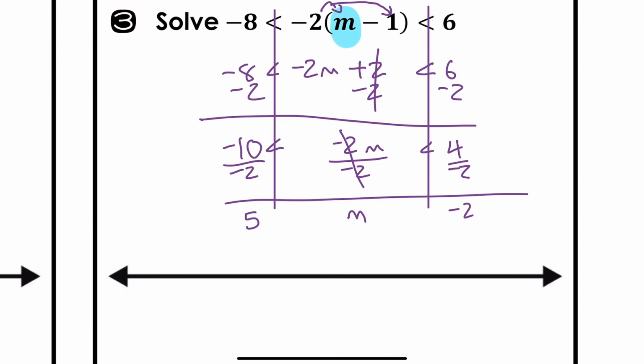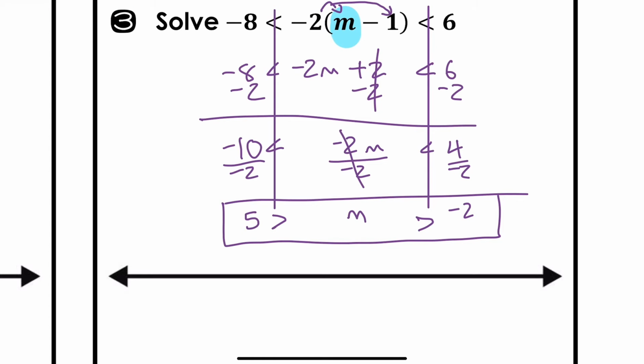And then, caught it this time, we divided by a negative across all 3 pieces. So because of that, we're going to have to change our signs. We're going to have to flip them to go the other way. And that is going to be my answer.